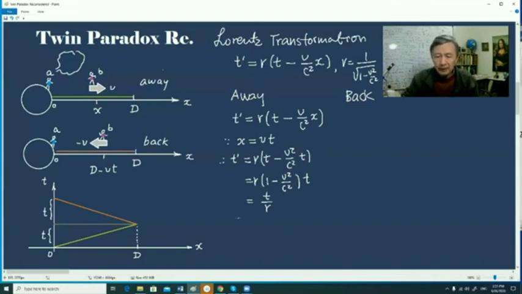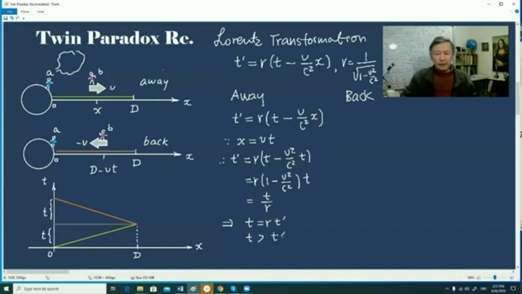So what can we say about that? Basically, twin A on the Earth can claim that t equals gamma t prime. Because gamma is larger than 1, t will be longer than t prime.